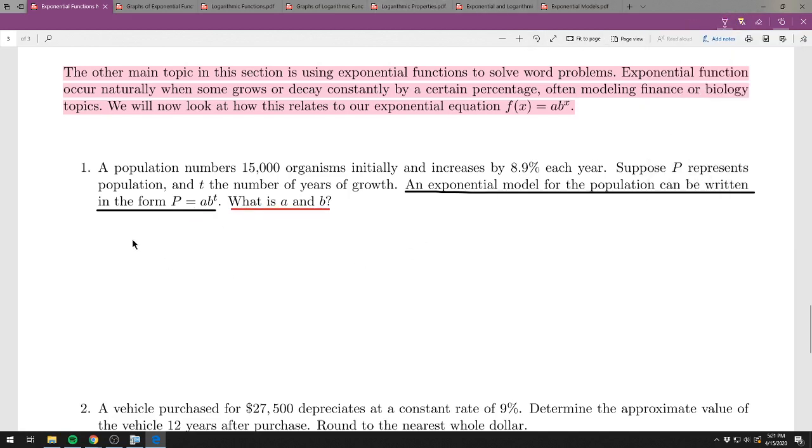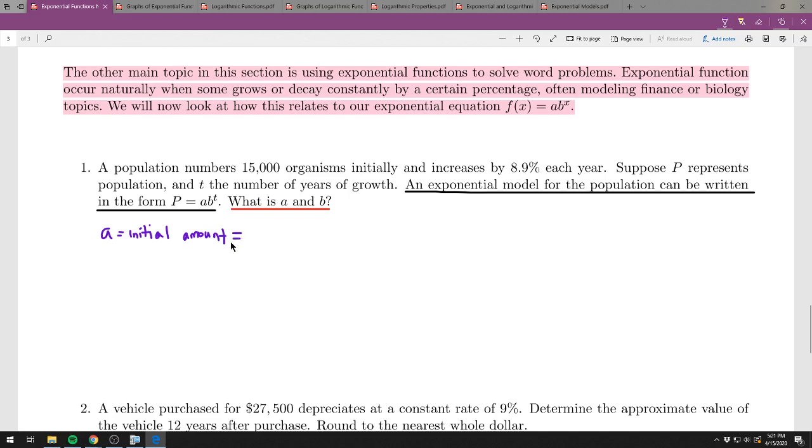All right, so one thing I want to remind you of here, I'll show that it still works out with the word problems, is that A right here is representing the initial amount. It can be organisms like this. It can be really any kind of amount. It can be money.